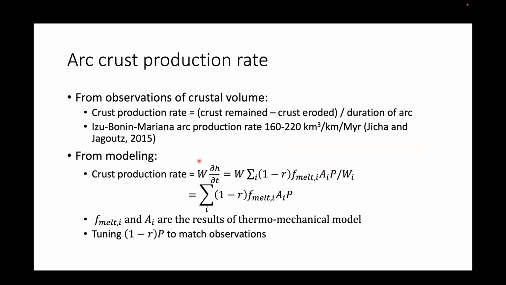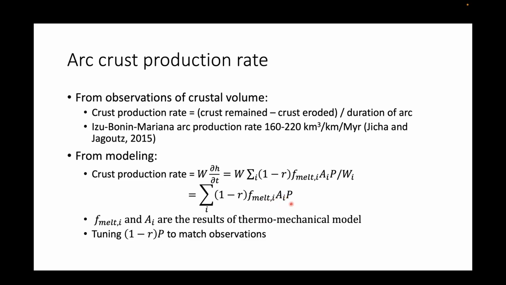And that production rate, if we look at our numerical model, would be equal to this combination of the parameters. The F melt is the degree of the partial melting that will be generated according to the temperature distribution in our model. And AI is the area of the partial melting. So these two parameters are the result of the thermo-mechanical model, so we cannot change that.